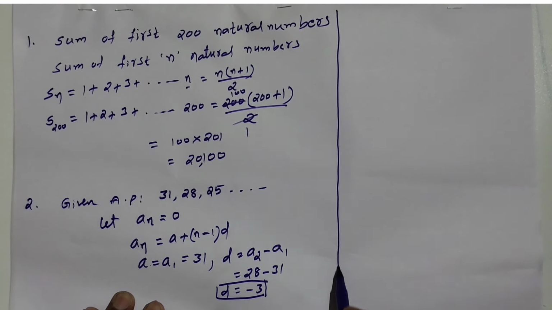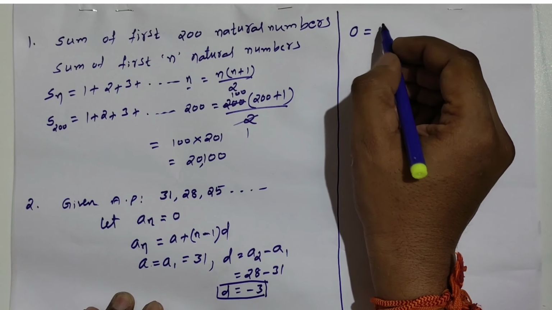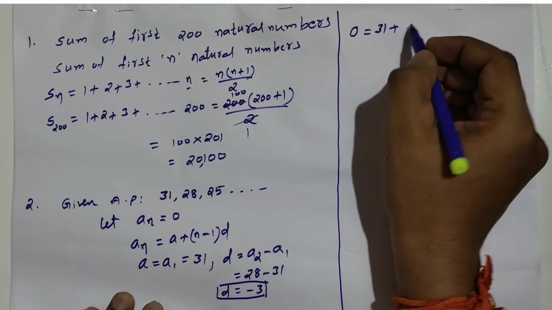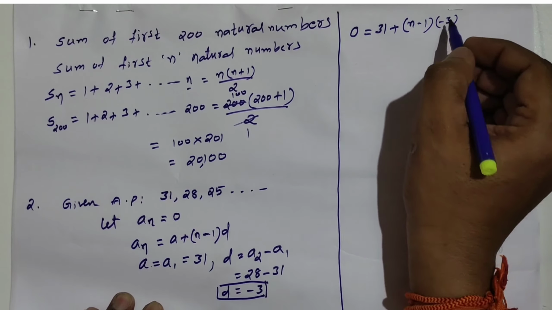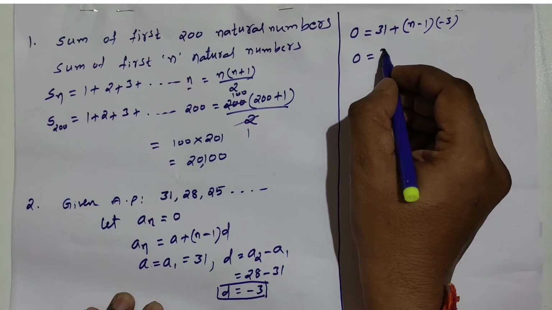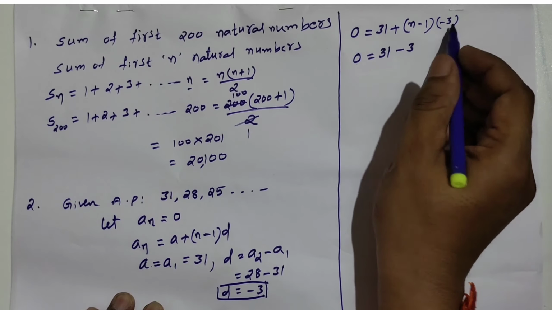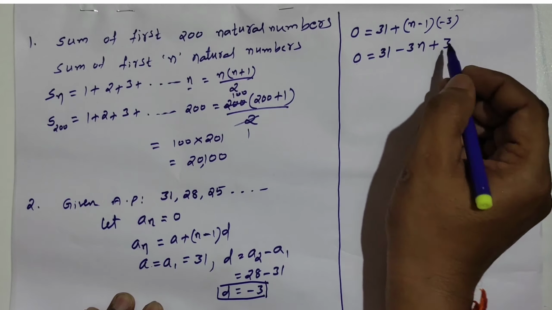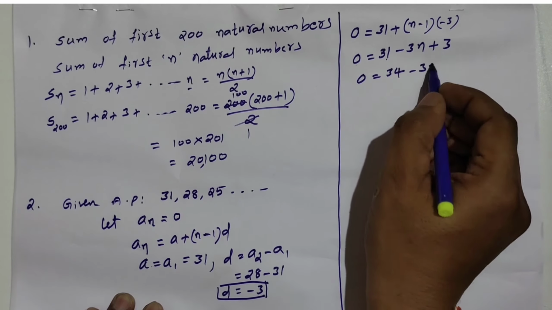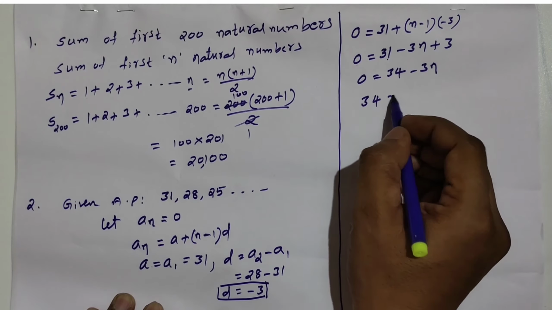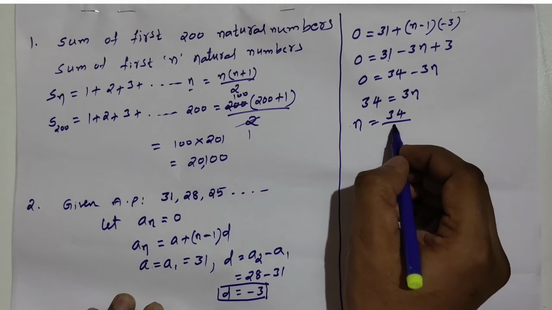Then we get 0 is equal to 31 plus n minus 1 into minus 3. So 0 is equal to 31 minus 3n plus 3, that is 0 is equal to 34 minus 3n. Then 34 is equal to 3n. Then n is equal to 34 by 3.